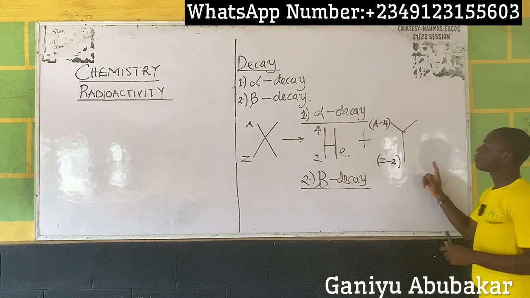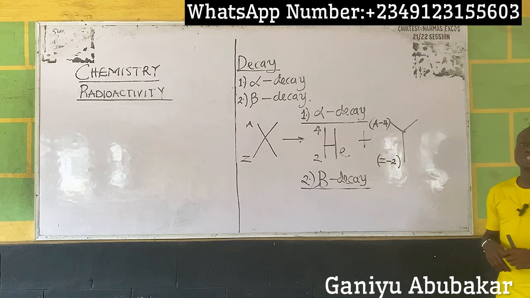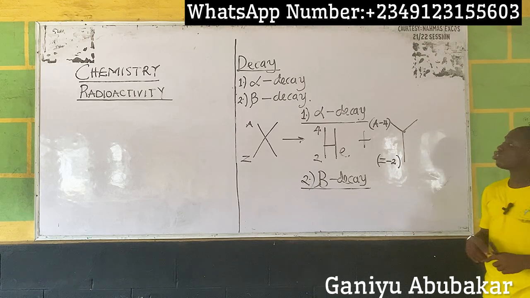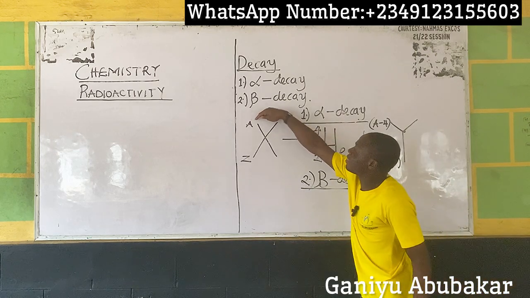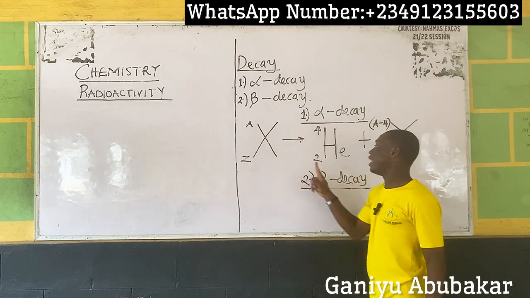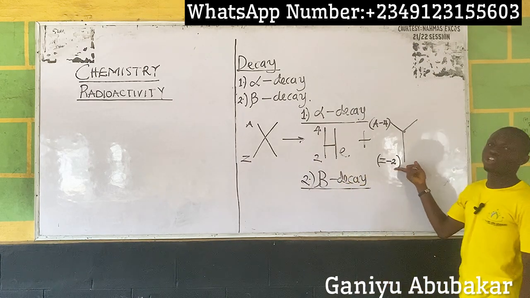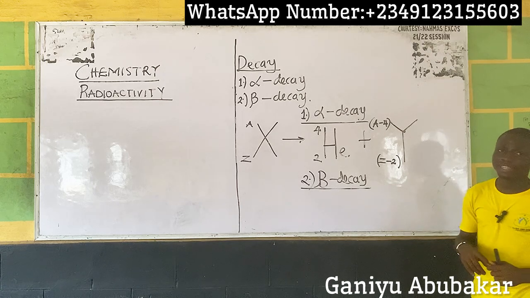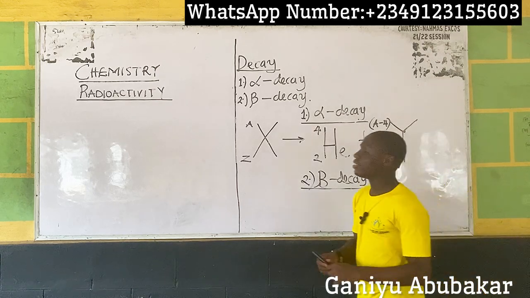It becomes the equation for alpha decay, such that the atomic mass is reduced by 4 while the atomic number is reduced by 2. This explains alpha decay. Let's look at beta decay, please.